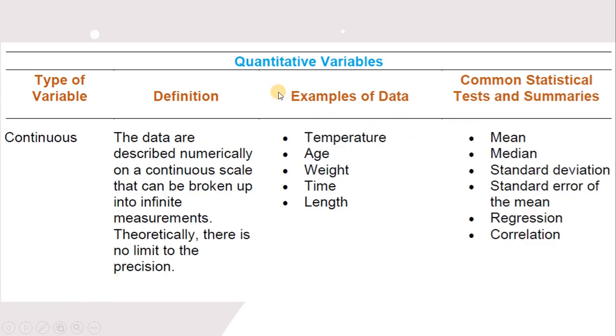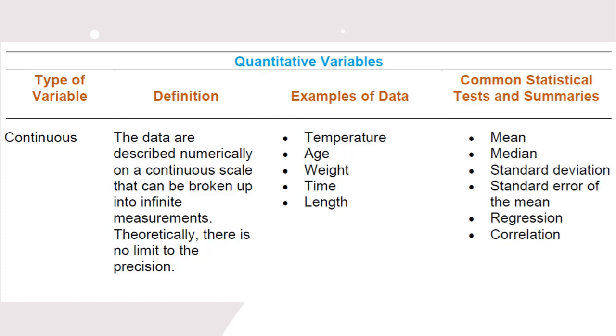For the next type of quantitative variable, the continuous type. When we have continuous data, they are described numerically on a continuous scale. They can be broken up into infinite measurements. So between 1 and 2, there are infinite numbers that you can divide.